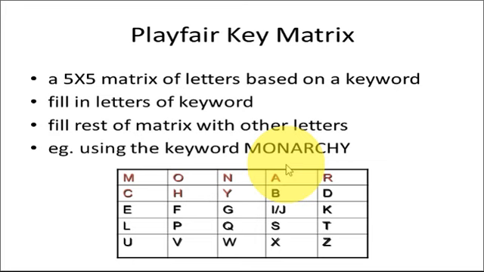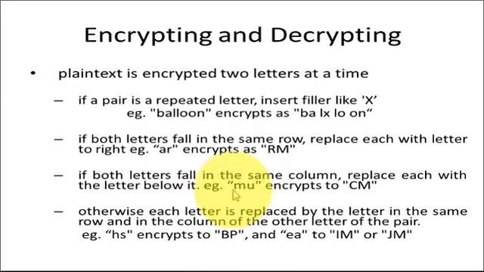For A, the letter to the right is R. For R, there is no letter to the right, so we circulate back to the start of the row, and the letter to the right of R is M. So we replace A by R, and R by M.